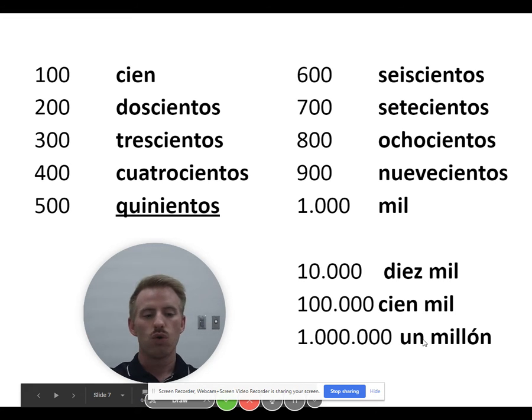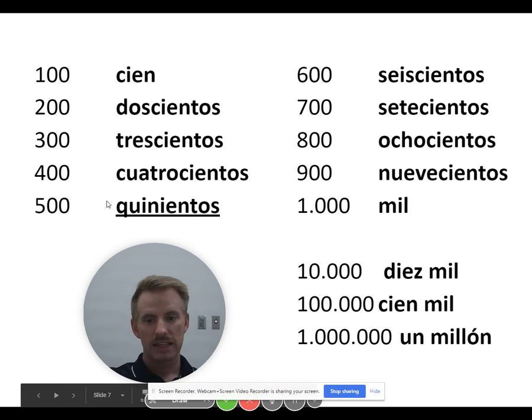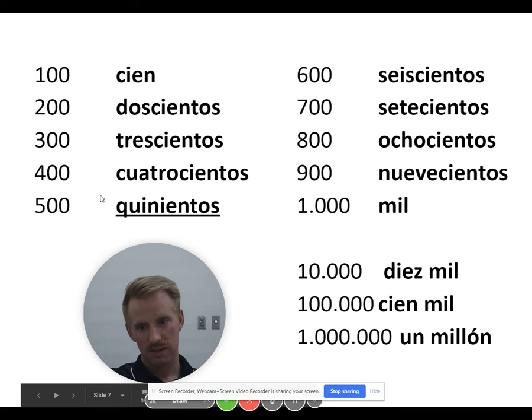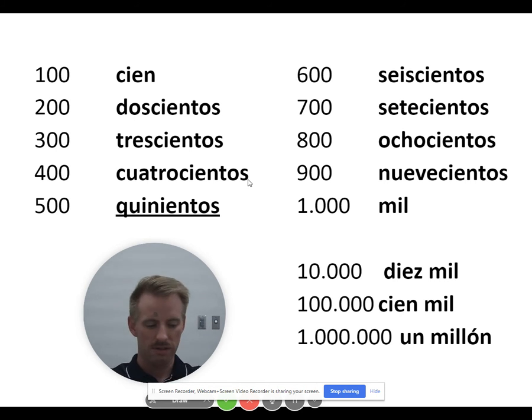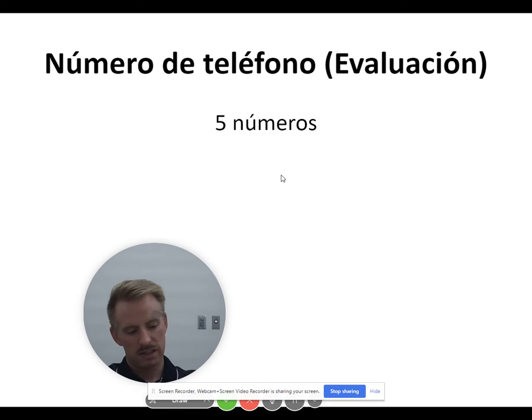So I said 1,500,000. What am I saying? 1,500,000. ¿Sí? No es muy difícil. Clase, no es muy difícil. Ok, el número de teléfono, ya lo hicimos. We already did this.